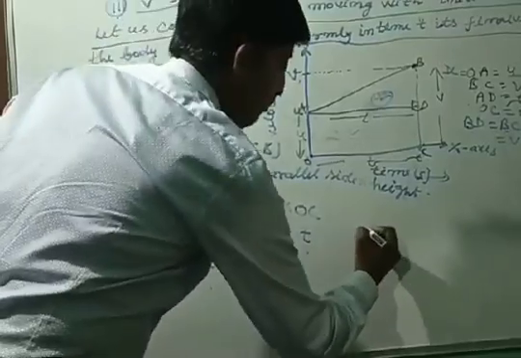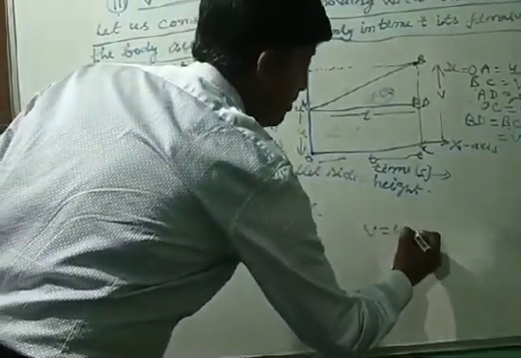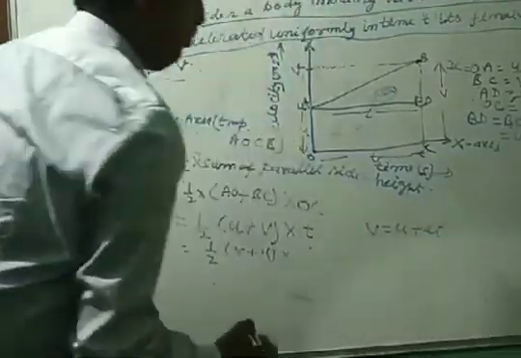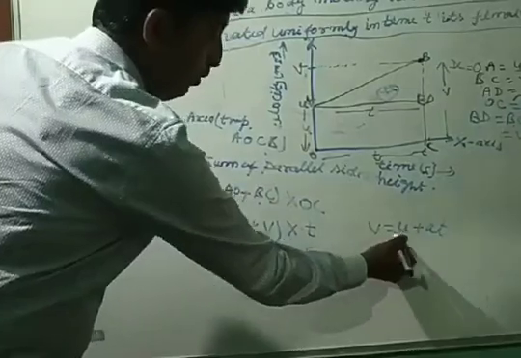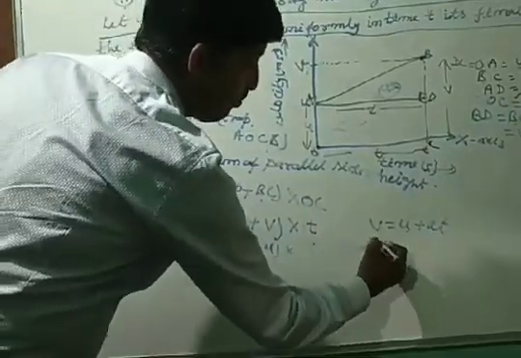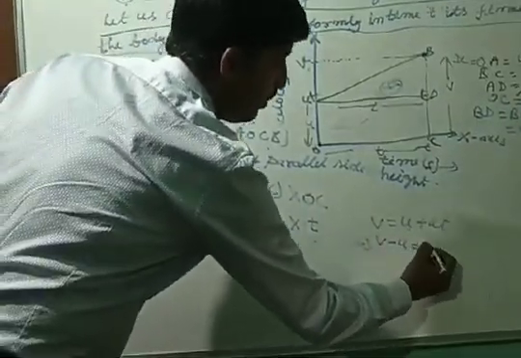We know that V is equal to U plus AT from the first equation of motion. If we put U on this side, it becomes V minus U is equal to AT.